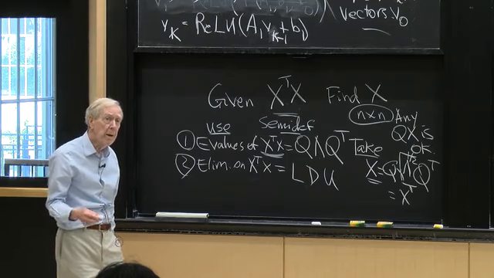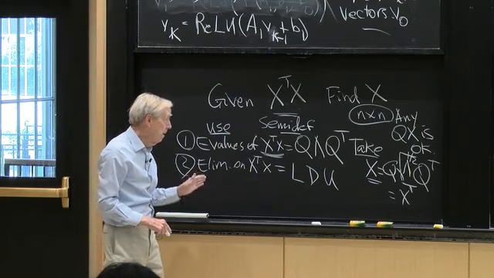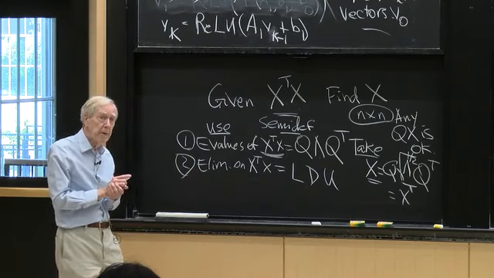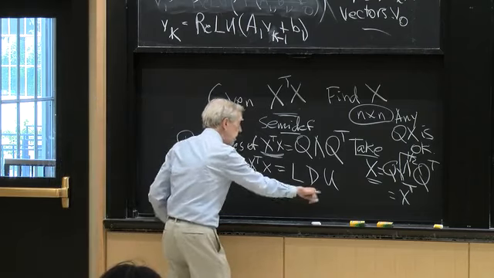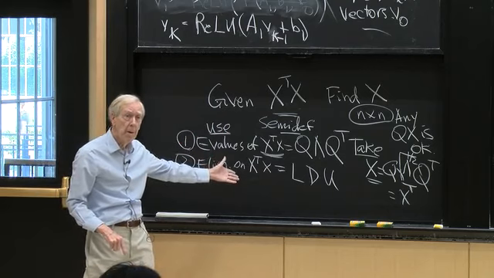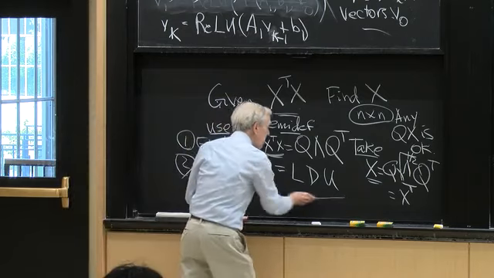We zipped by elimination, regarding that as a trivial bit of linear algebra, but of course it's highly important. So what's the situation here when the matrix is actually symmetric? I want something to look symmetric.